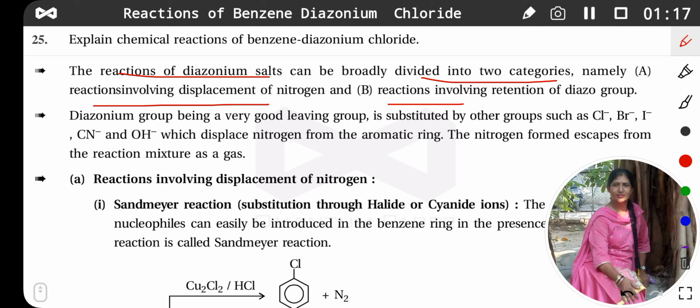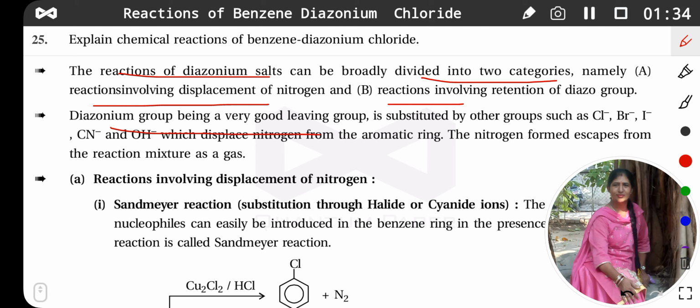Firstly, let's talk about where there is displacement of nitrogen. Here, the diazonium group is a very good leaving group. It leaves its place very easily.